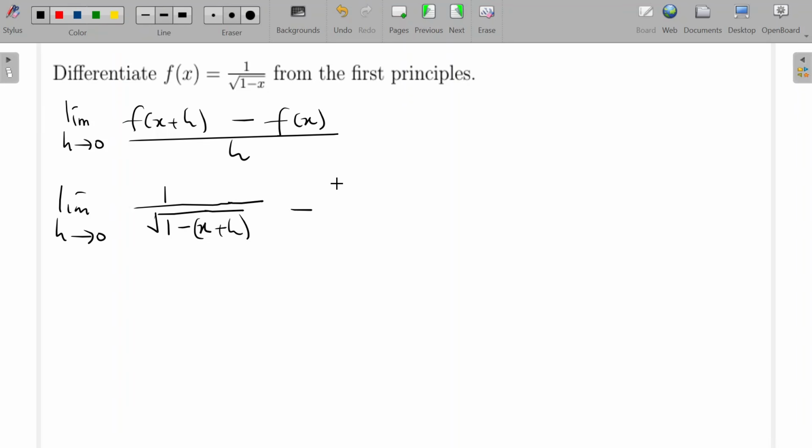Then minus f of x, which is 1 over the square root of 1 minus x, over h.